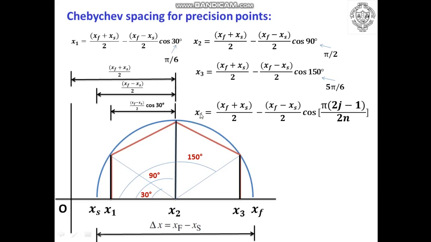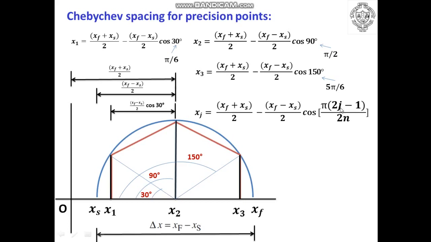Now let us consider j as 2. I will put j equal to 2 here and here also. So we get 2 into 2 as 4, 4 minus 1 as 3, divided by 2 into n, that is 3, that is 6. So 3 divided by 6 gives pi by 2, and pi by 2 is nothing but 90 degrees. Now let us consider the value of j as 3.